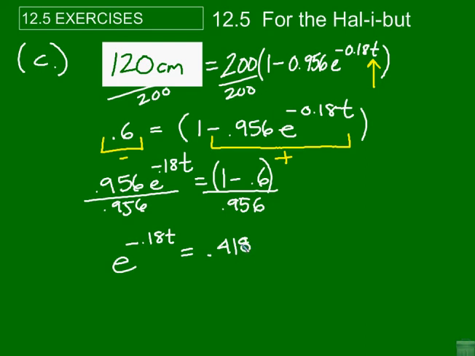Now, next step will be to take the natural log of both sides, and then we will divide the natural log of 0.418 by negative 0.18.